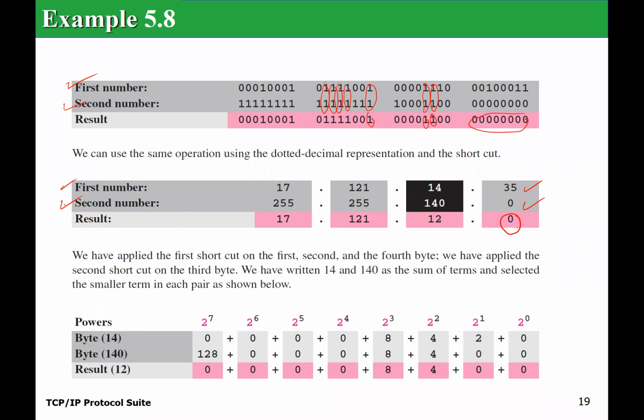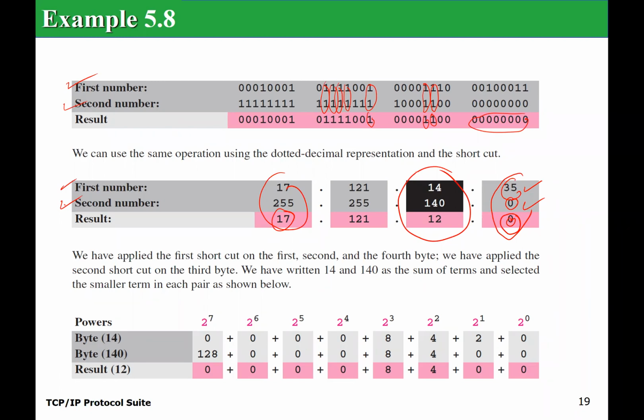Let's do some examples. Here, you're ANDing 35 with 0. What is the lowest? That's why we have 0. Now I'm ANDing 17 with 255. What is the lowest? That's why my result is 17. Now, in the other case, when both numbers are not 0 and not 255, can you tell me the answer just by looking?